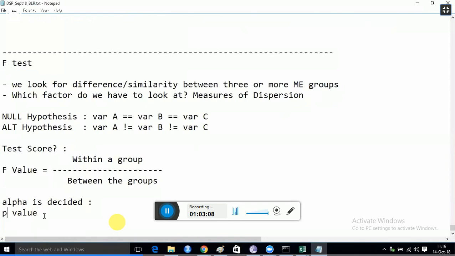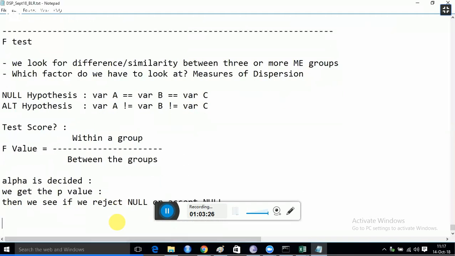Then we get the p-value, and then we see if we reject null or accept null. Is that clear? I'm not getting into the other details of the F test. We don't need it.